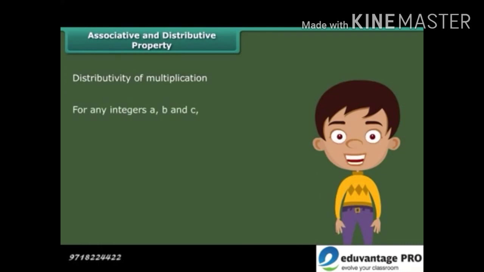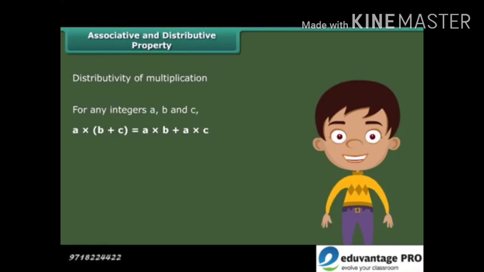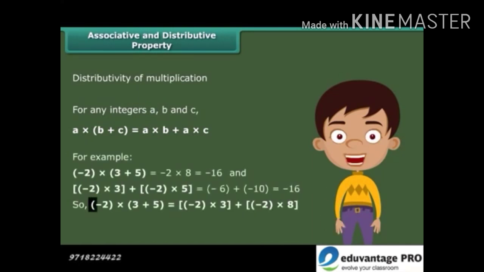For any integers a, b, and c, a × (b + c) is equal to a × b + a × c. For example, -2 × (3 + 5) is equal to -2 × 3 + (-2) × 8.